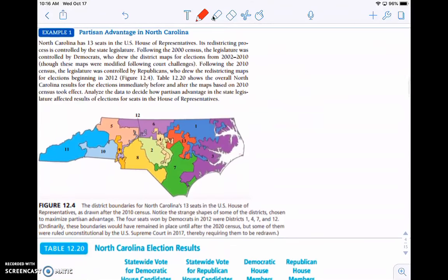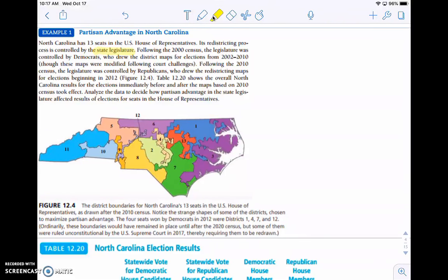So here's one example. They call this Partisan Advantage. This is looking at the state of North Carolina. North Carolina has 13 seats in the House of Representatives. Its redistricting process is controlled by the state legislature, so its own state controls it.